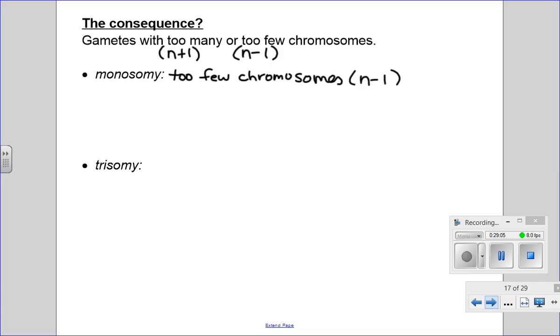So if nondisjunction happens and a gamete is produced with too few chromosomes, and then that gamete gets fertilized and an organism results from it, you would have, in a human, 45 total chromosomes. So a good example of this type of syndrome is what is called Turner's syndrome.